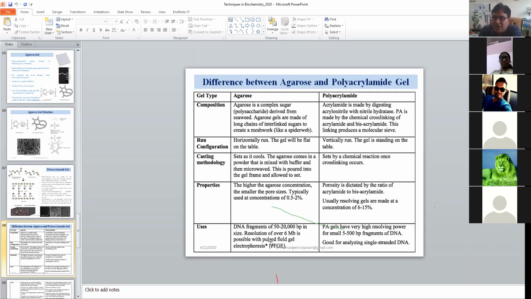Then uses. I think I have already explained that agarose is mostly used for DNA and RNA separation, whereas PAGE is mostly used for protein separation. Now you have to tell me one example where PAGE is used for DNA. Please tell me one example where PAGE is used for DNA.